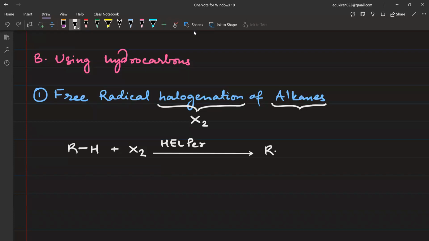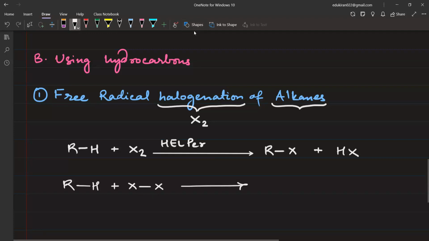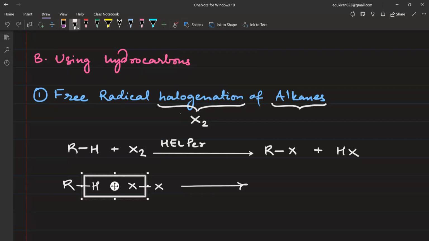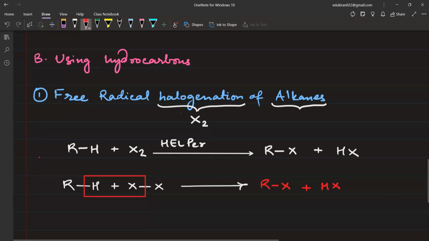One of the hydrogens will be replaced by a halogen atom, plus you will get HX. Remember the reaction like this. We are getting RX plus HX.